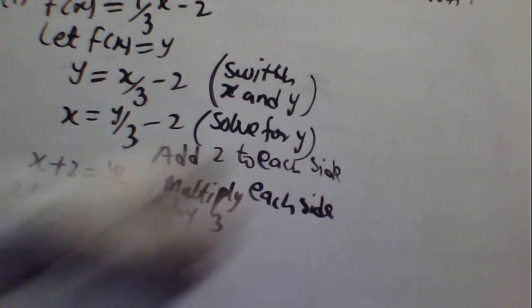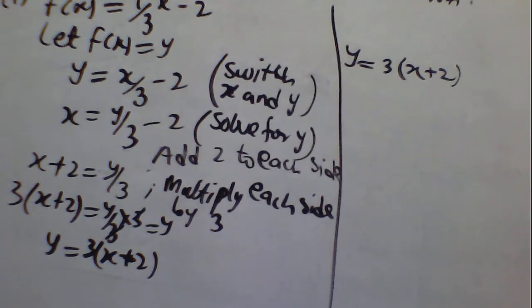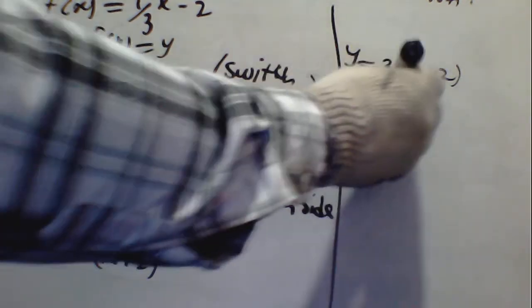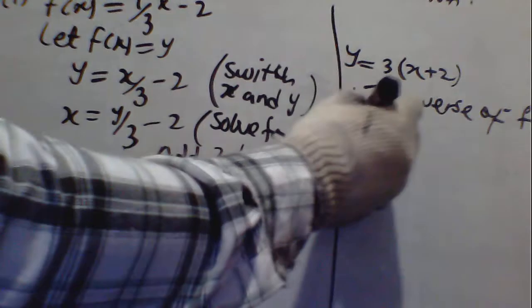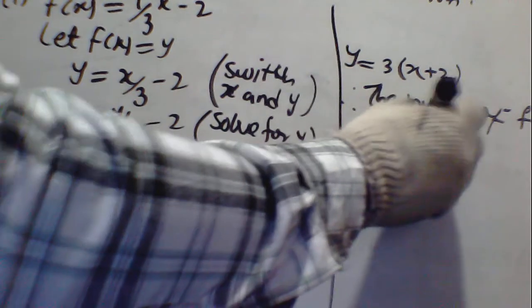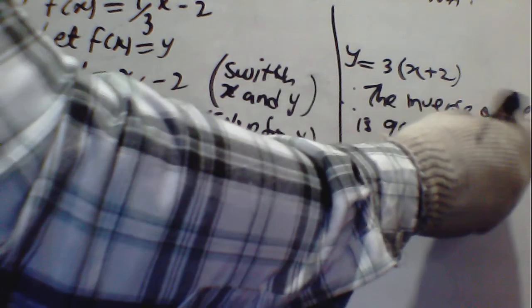Hope you are seeing it. We have that y is equal to 3 in bracket x plus 2. So this y we got is called the inverse of f. Therefore, the inverse of the function f is g of x equals 3 in bracket x plus 2.